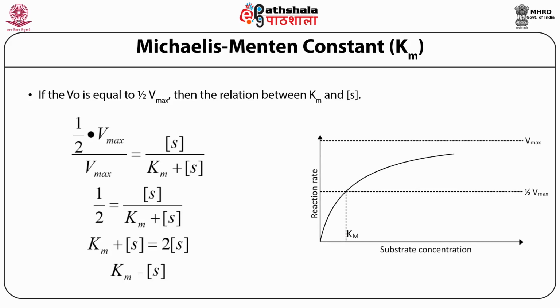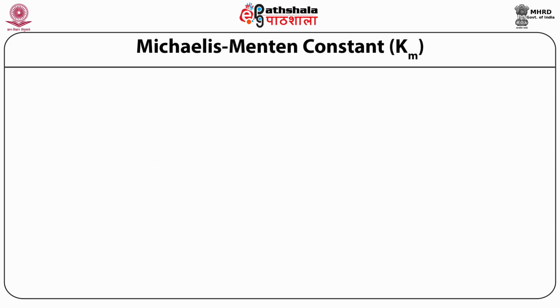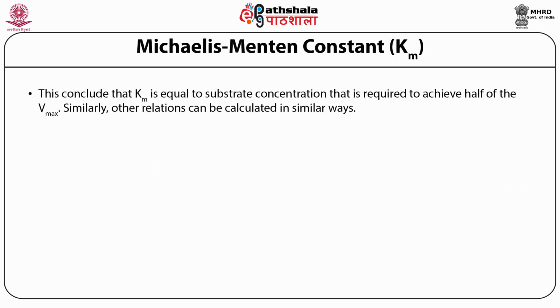So Km has the same unit as the substrate. It concludes that Km equals the substrate concentration required to achieve half of Vmax.